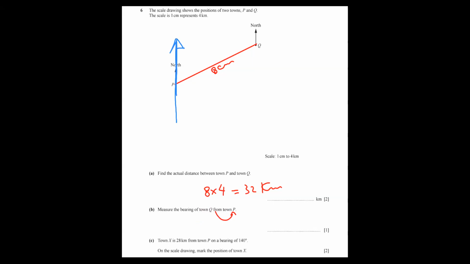You rotate, turning clockwise until you get the line of your target, and the target is the one before "from", and that is Q. So Q is my target. I start facing north and turn clockwise, and I stop when I get the line of Q, and I check that angle with the protractor.